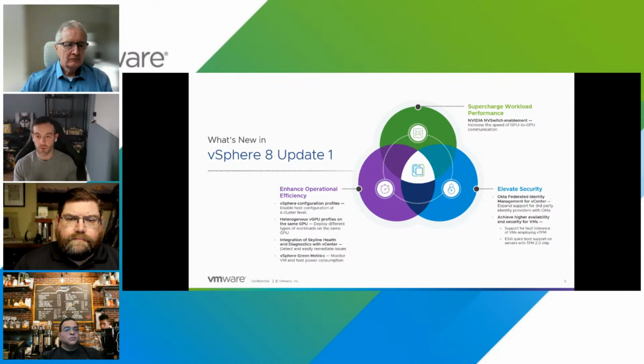Now, you might be asking, what is Skyline? What does it do? What does it give me? It's a very lightweight appliance, but it's very powerful, and it really helps you manage your infrastructure. It helps you diagnose problems, resolve problems, and it can also proactively alert you about security advisories that we publish.